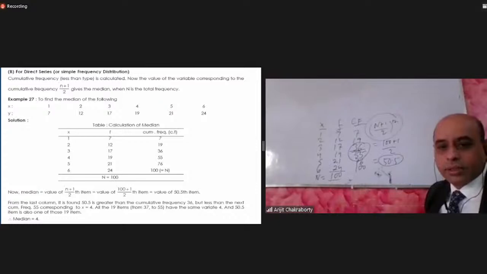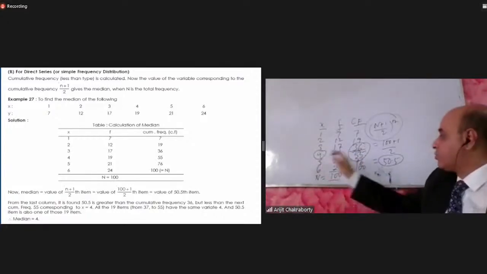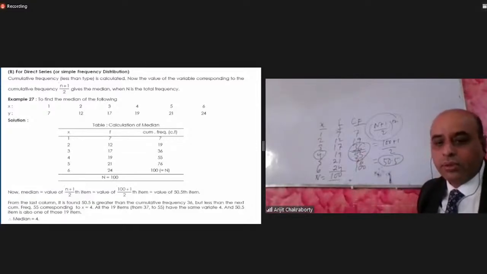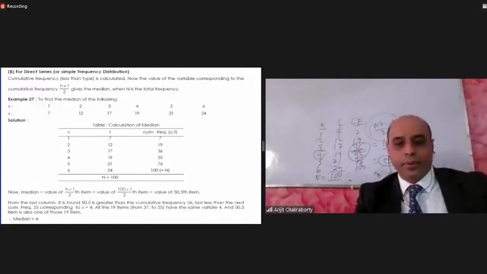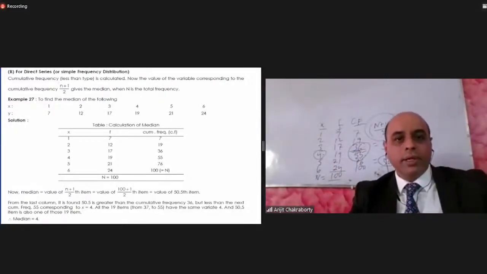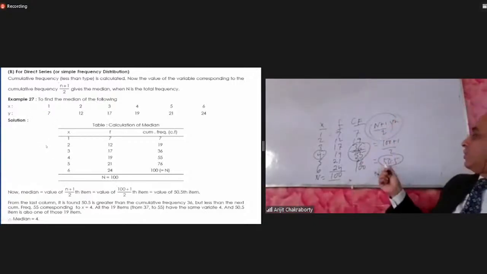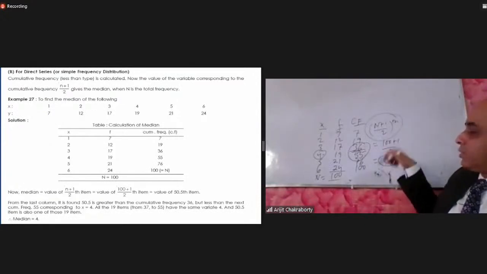In other words, it should be around 55. You can see cumulative frequency 55 is for 4. So we have got 50.5, so ideally the median comes to around 4. Now let us see one more example. Please note this calculation which we have done, 50.5, this is the position.